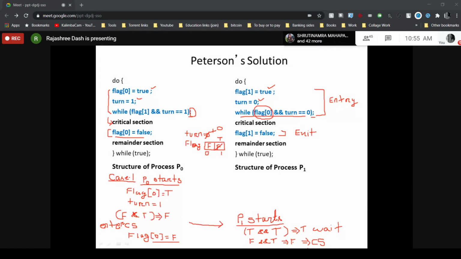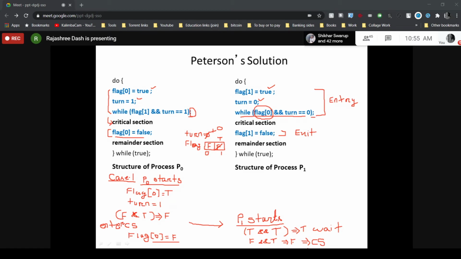Now this solution also satisfies the bounded waiting condition. After P0, there are only two processes. While P1 is requesting, it is not waiting indefinitely to enter the critical section. Once P0 has made the flag 0 false, P1 is allowed.